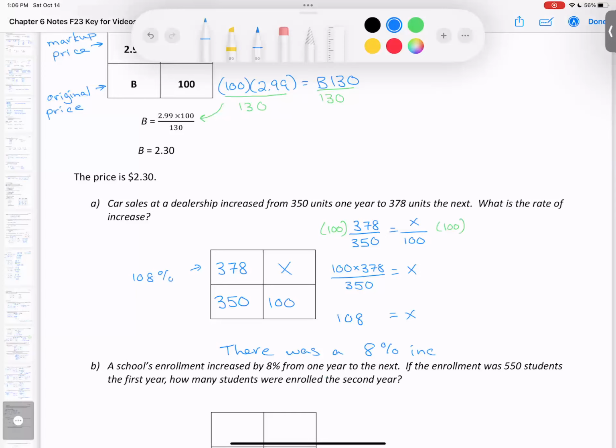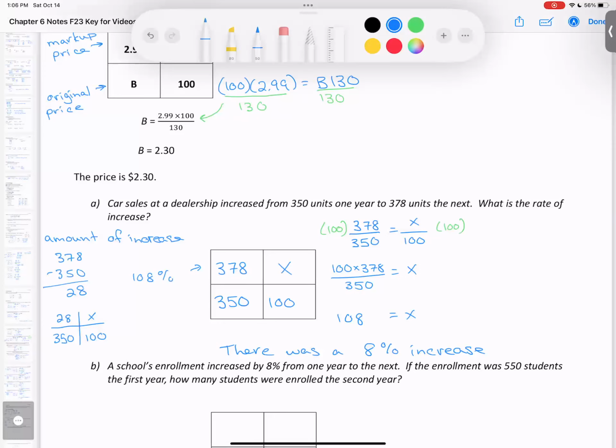The other way you could do this one is we could have first figured out the amount of the increase. So I would have gone 378 minus 350, and I would have found that's 28. And so I could have put that in my box for the amount. So I would have had that amount over 350 equals x over 100. Now we're figuring out what that amount of the increase, that 28, is out of our 350.